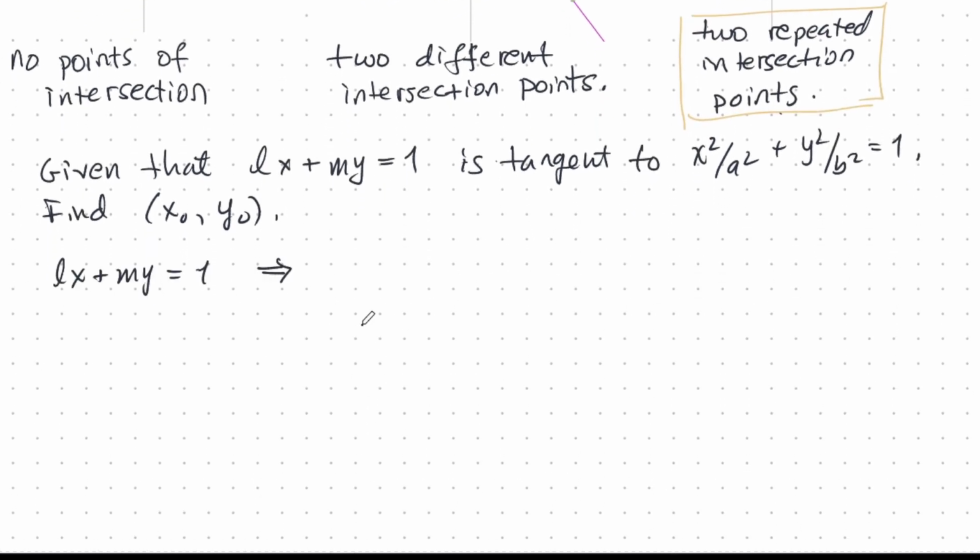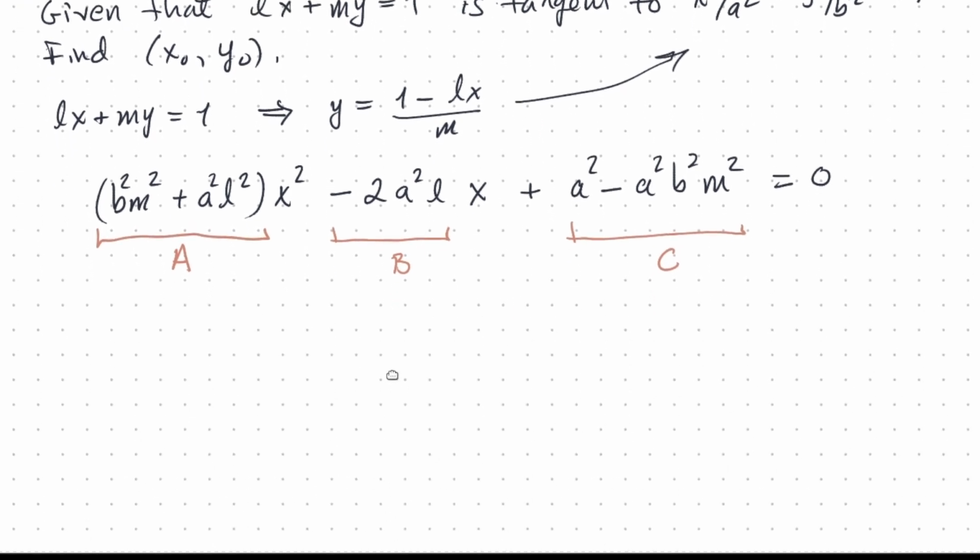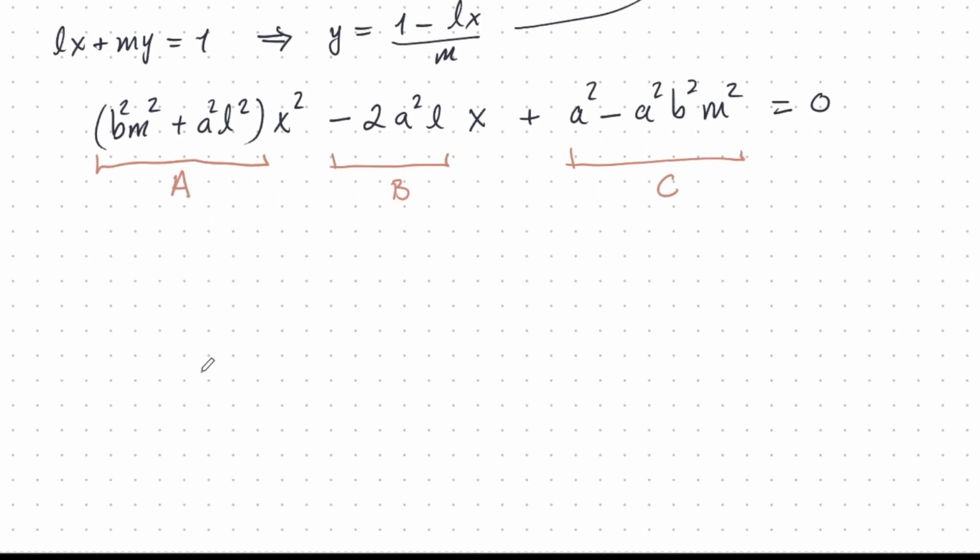From the equation of the line, we can solve for y. Then we take this and put it in here, and we get a big equation for x. Doing all that algebra gives me this, but now I have a quadratic equation in x. I can call this coefficient my a, this coefficient my b, and this coefficient here my c, and I can find two solutions for x using the quadratic formula.